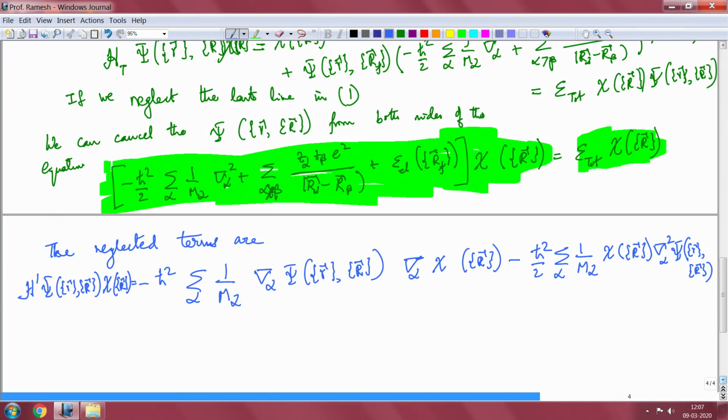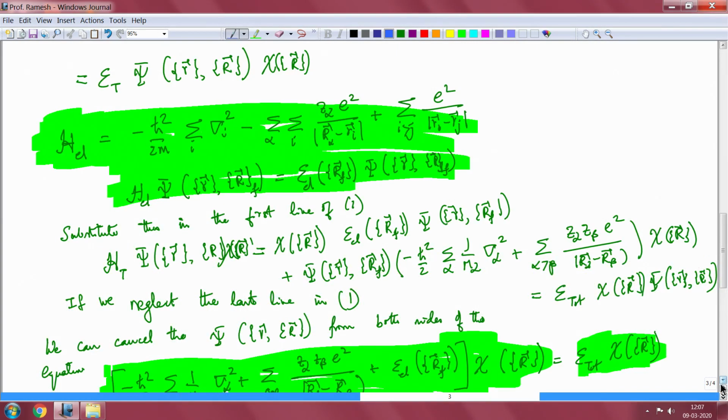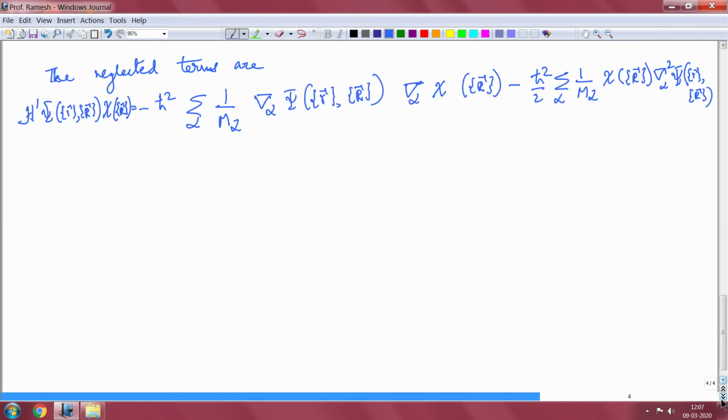So now let us see what is the contribution of H prime to the energies. How serious is the approximation, in the sense that have we neglected things which are very important, and we have made an approximation which is not of the right magnitude?